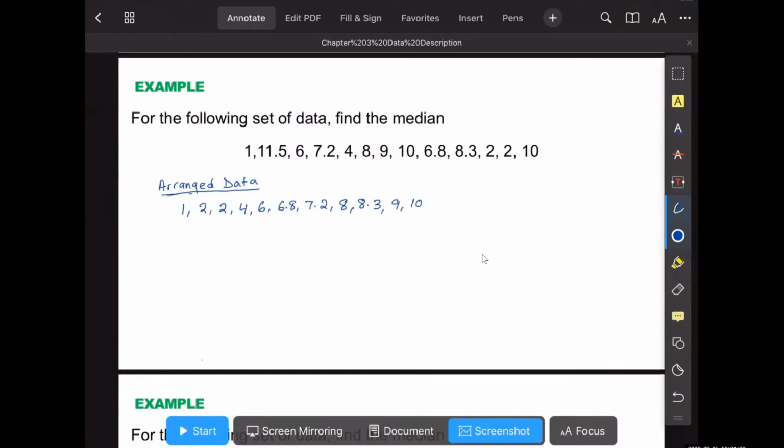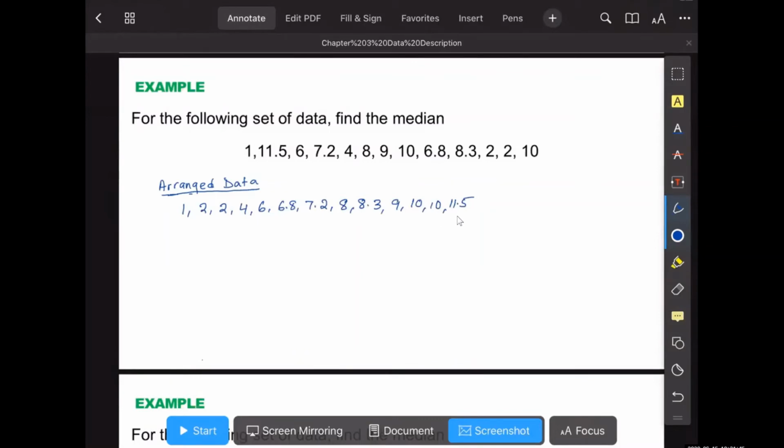And what is after that? 10 again. Then 11.5. Is that it? Yes. Okay, now we can count 1, 2, 3, 4, 5, 6, 7, 8, 9, 10, 11, 12, 13.